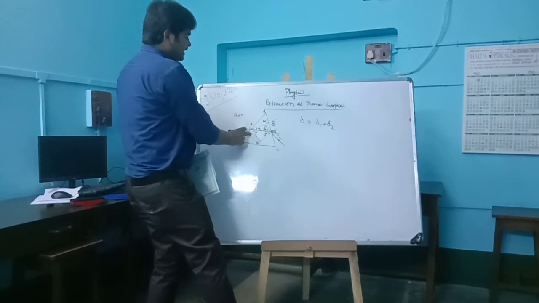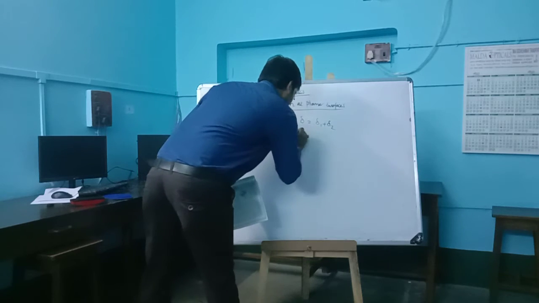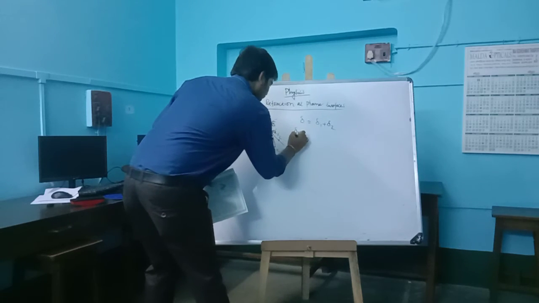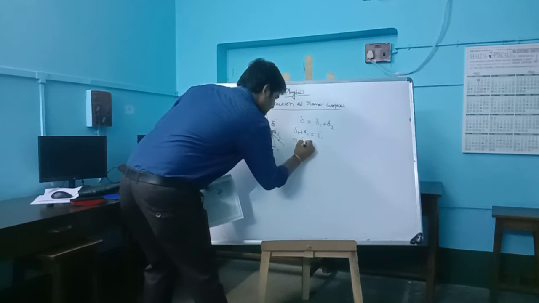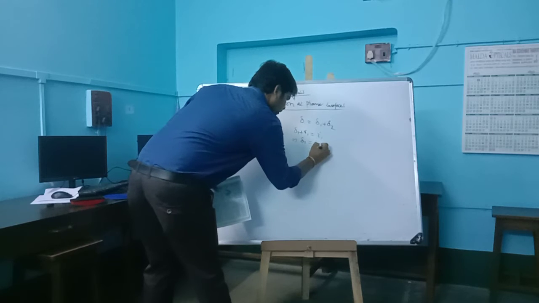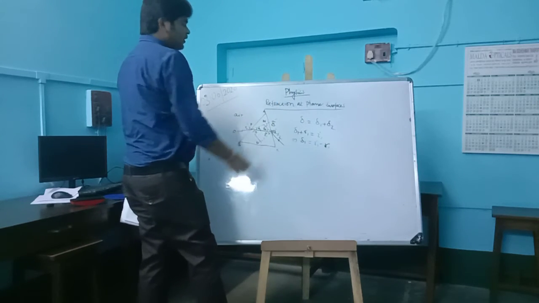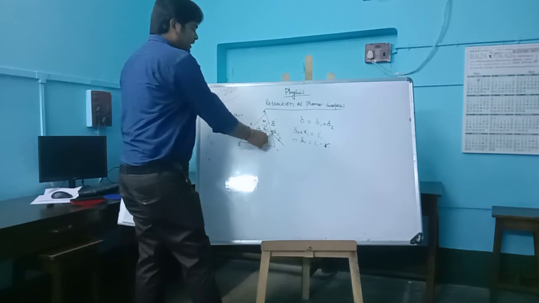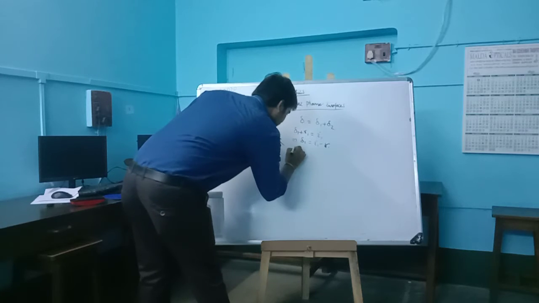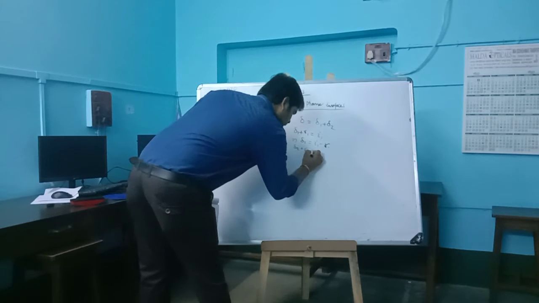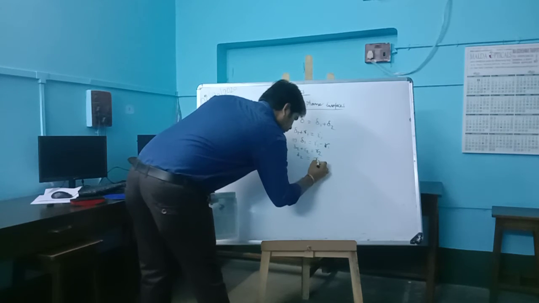From this point we can say that I1 is equal to delta 1 plus R1. From this we can say that delta 1 is equal to I1 minus R1. Similarly from this point Q, when the ray strikes at point Q, we can say that delta 2 plus R2 is equal to I2. Therefore delta 2 is equal to I2 minus R2.